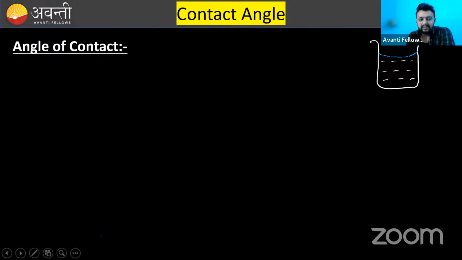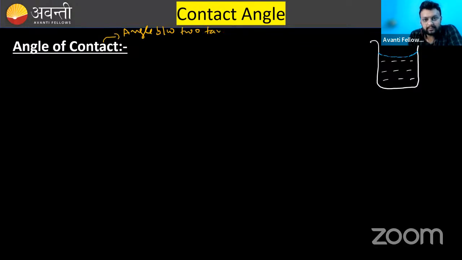So the angle of contact is the angle between two tangents, and tangents are drawn on a surface.